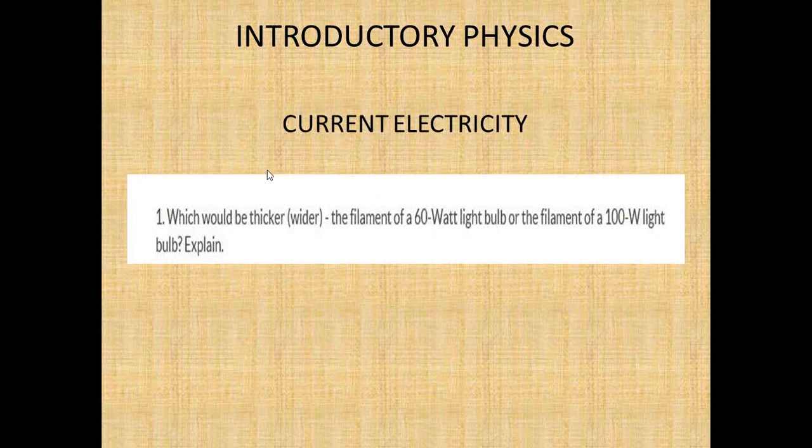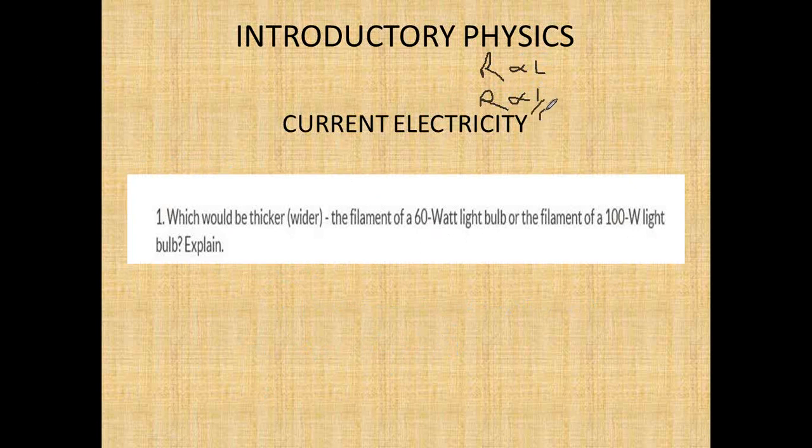Remember, again, when we talk about resistance, we remember what we established. Resistance is directly proportional to the length of the wire, and resistance is inversely proportional to the area or the thickness of the wire.